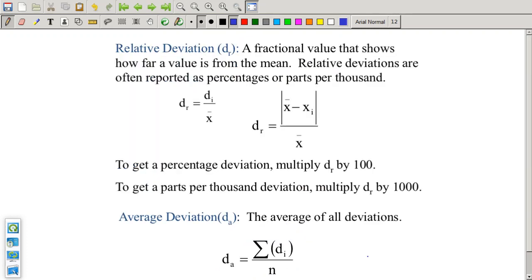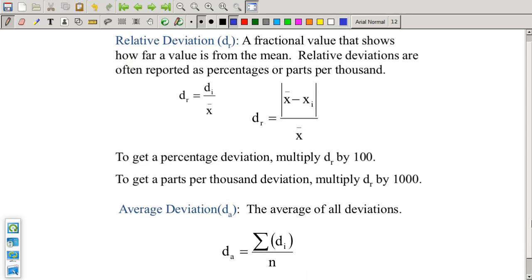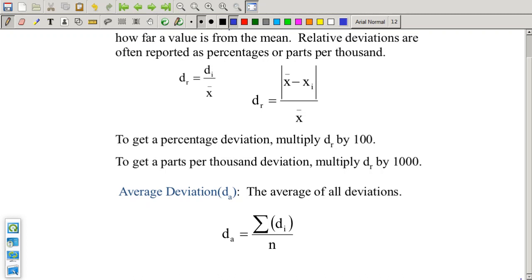All right. Relative deviation, then, is you take your absolute deviation, you divide it by the mean. And of course, you can also calculate the average deviation by summing up all the deviations you have and dividing by the number of data that you have. Okay, so if you report a deviation in parts per thousand, it's a relative deviation.